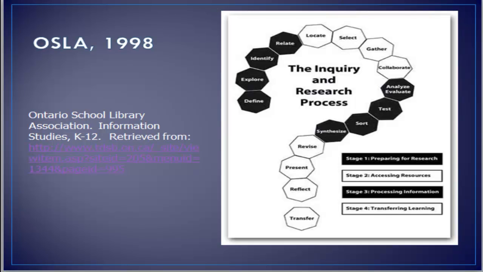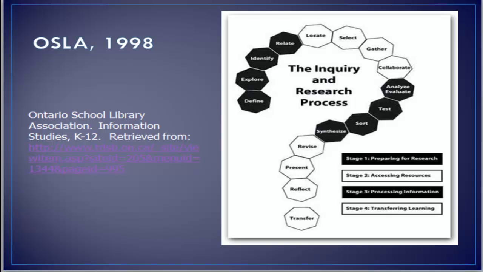Stage number 1, preparing for research. Define information needs using a variety of strategies. Explore information using a variety of group activities. Identify varied ways of organizing information. Relate prior knowledge to information tasks.